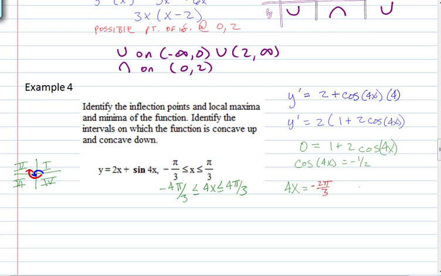Also at 4x equals negative 4 pi over 3, and 4x equals positive 2 pi over 3, and 4x equals positive 4 pi over 3. I'm using the multiple angles from trigonometry to solve the trigonometric equations.